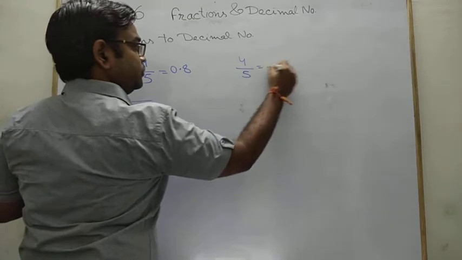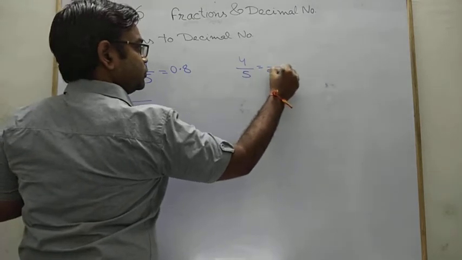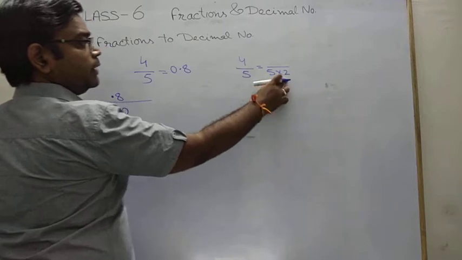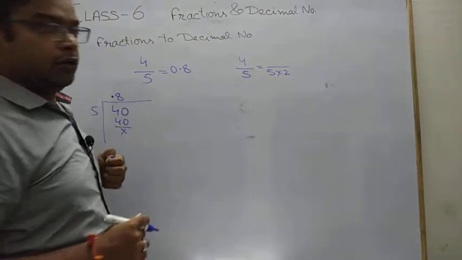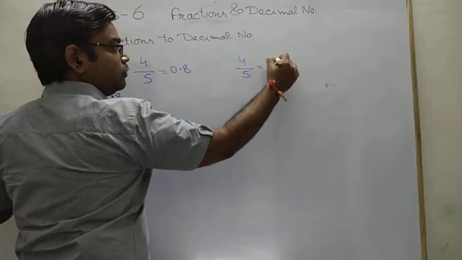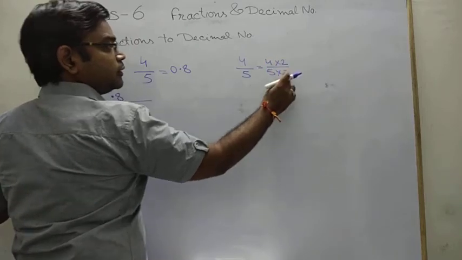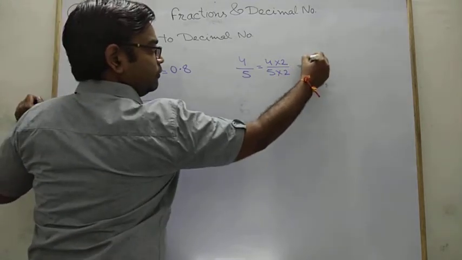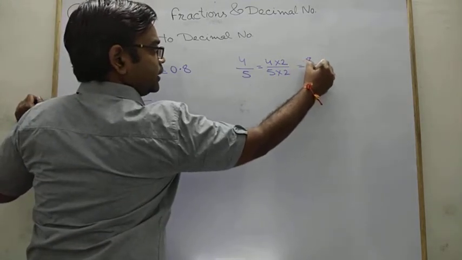If we multiply 5 by 2, we can easily convert it into 10. To balance this extra 2 in the denominator, we need to multiply the numerator by 2 as well. So what we have is 8 upon 10.